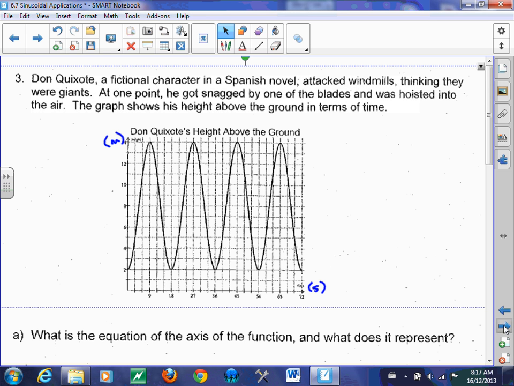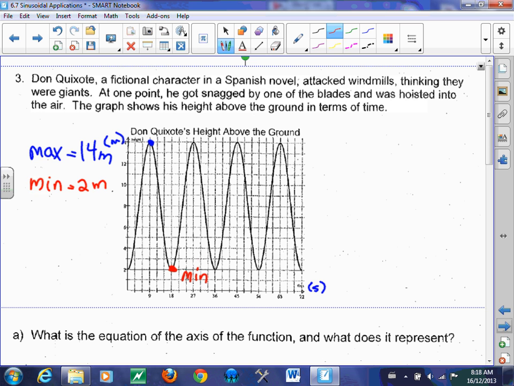All right. So looking at the graph, ladies and gentlemen, poor Don who got stuck on that windmill. If we look for the maximum up here, you should notice that the maximum equals 14 meters. Okay, what else do we know from a graph? We know the minimum here. So his minimum is at 2 meters.